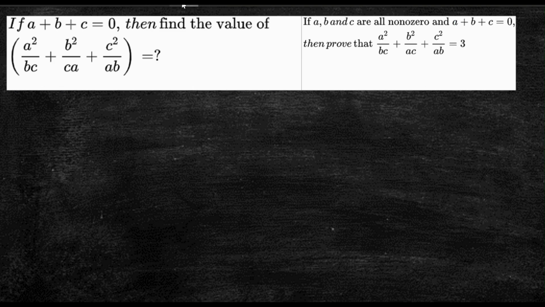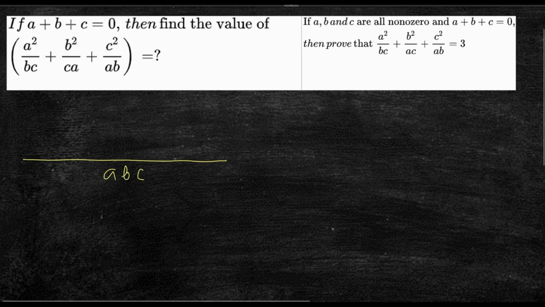Now what we are going to do in order to solve this, I'm going to take the LCM of this part. So if I take the LCM, in this case the LCM is going to be ABC. Now dividing the LCM ABC with BC, we get A, and A multiplied by A square is A cube.